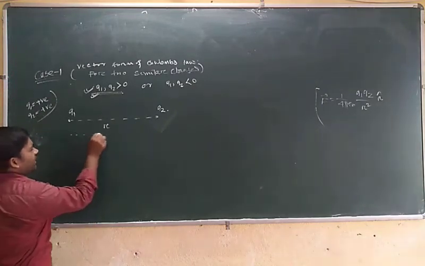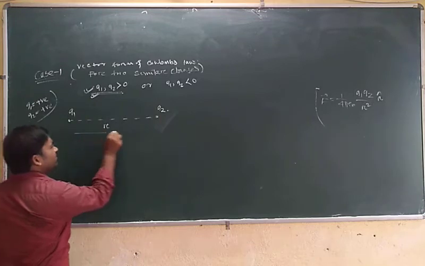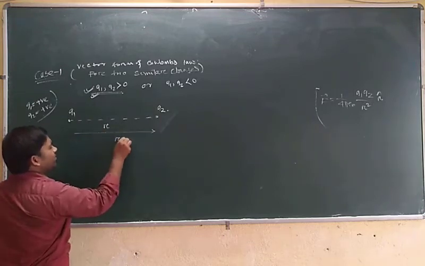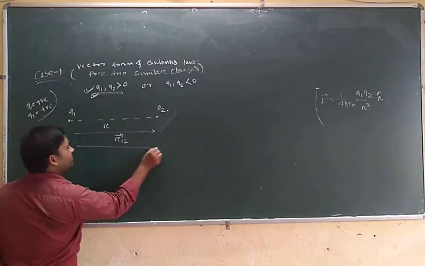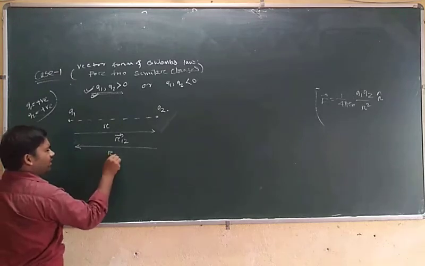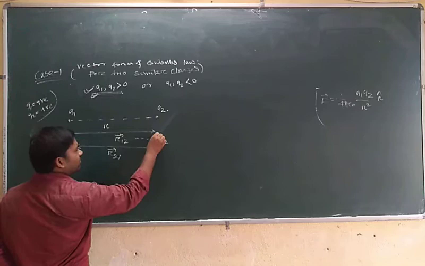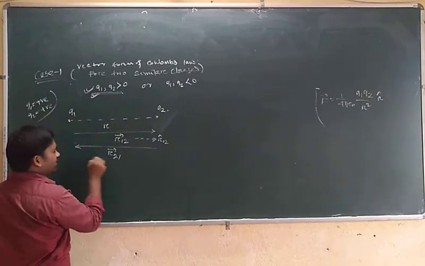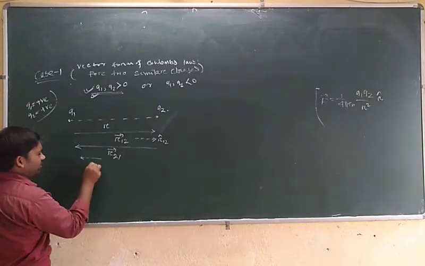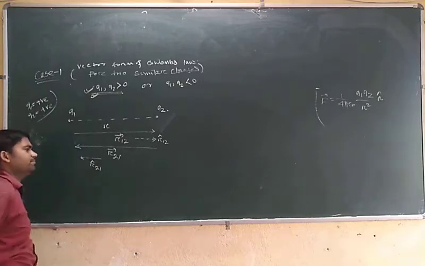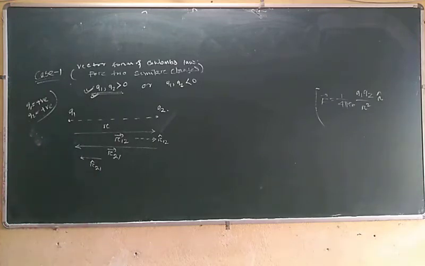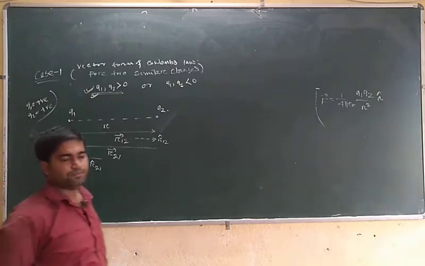Now what will be the r12 vector? This will be r12 vector, this will be r21 vector, and there is also a unit vector r12 cap, and a unit vector along r21 cap. Now what's important is the force.